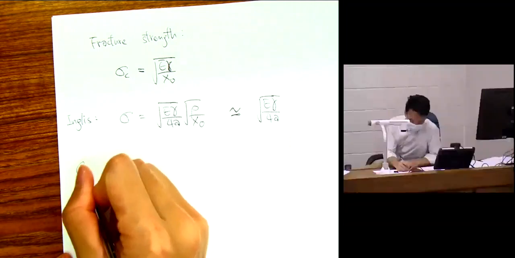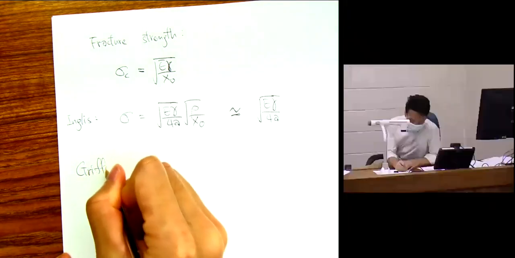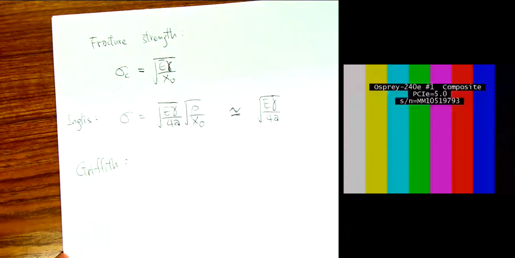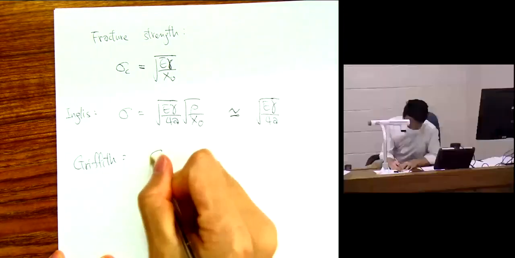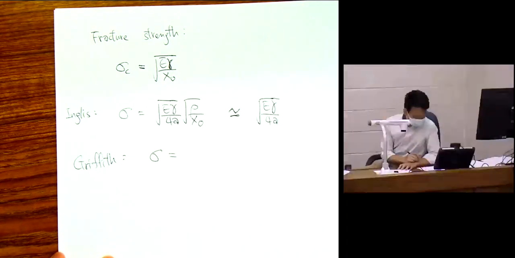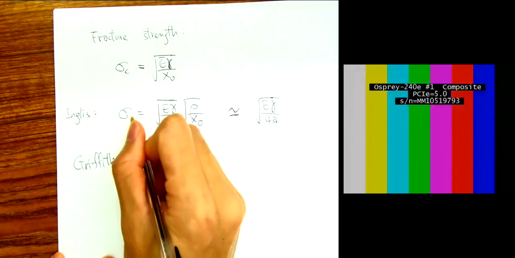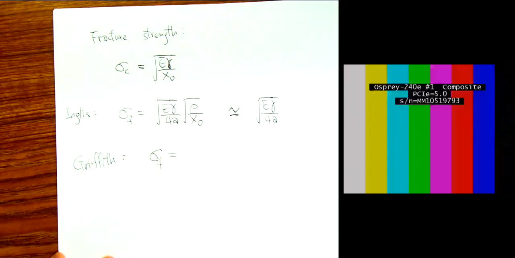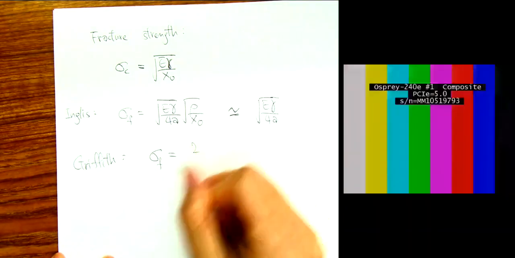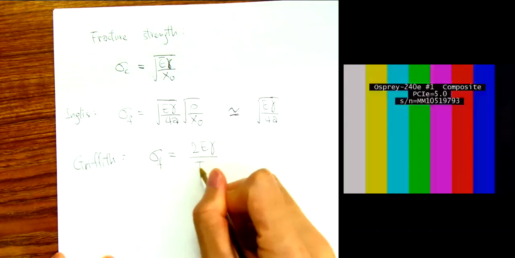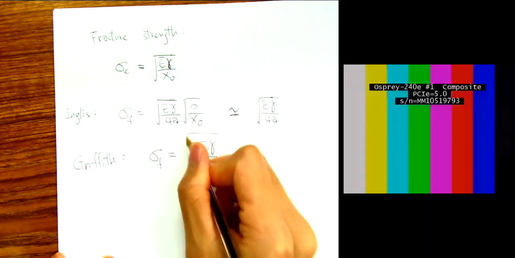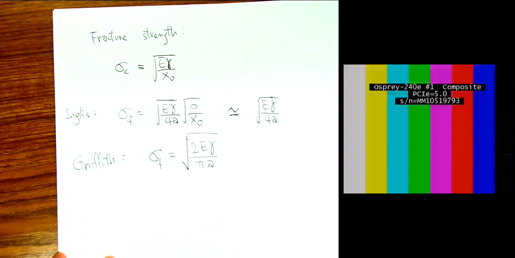Now that's Griffith. Now that's today. What do we have? I have sigma, that's the fracture strength. Let's put an F here just to indicate. That's the fracture strength: 2E gamma over pi a.